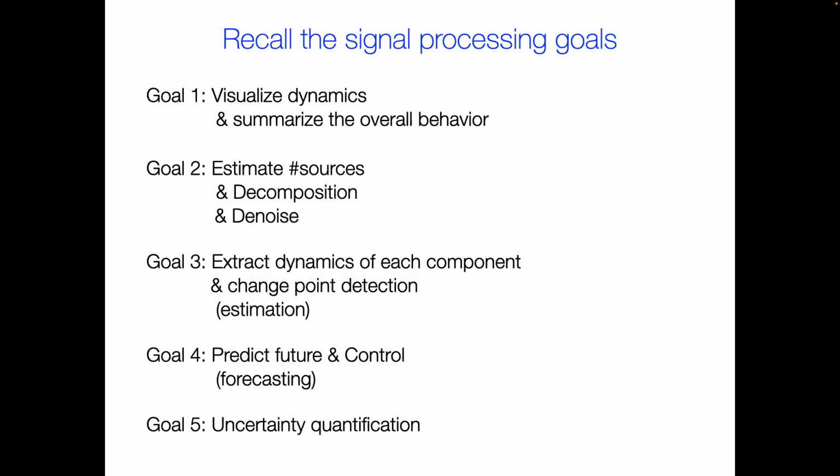Then you may want to extract dynamics for each component, and do change point detection, estimation problems, and so on. You can even try to do prediction or control forecasting. So there are several basic questions you want to answer. In particular, you want to do uncertainty quantification because nothing is noise-free, and you always have noise. You always have model uncertainty. So how do you quantify it so that you can answer scientific questions?